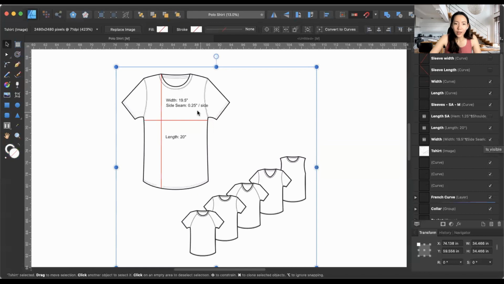You're also going to need to add the side seam measurement. The side seams where you attach the front to the back, you're going to need to add an allowance for sewing those two together.